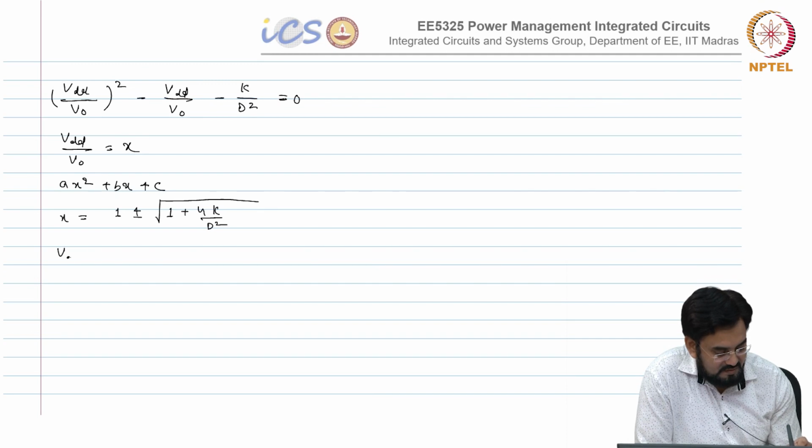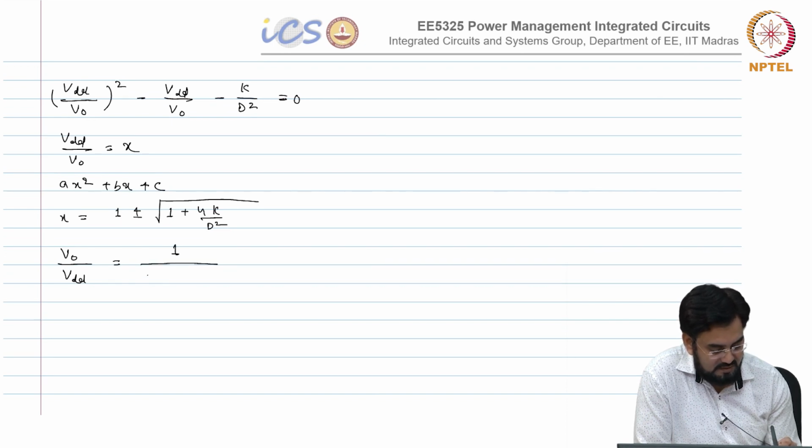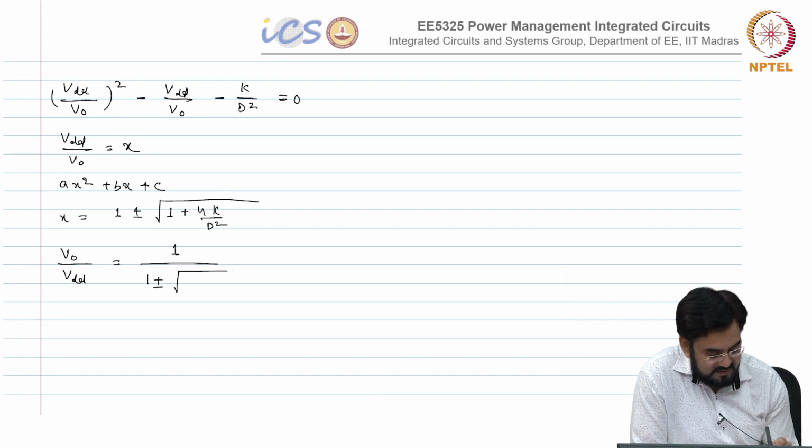Which means V out over VDD is 1 over 1 plus minus square root.